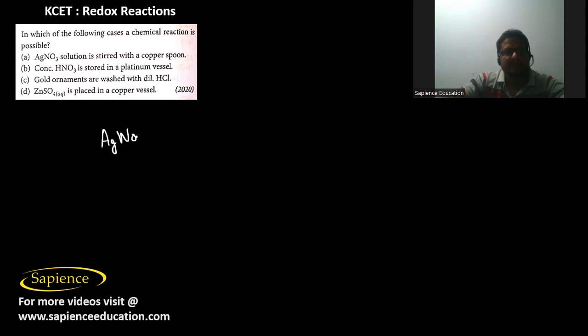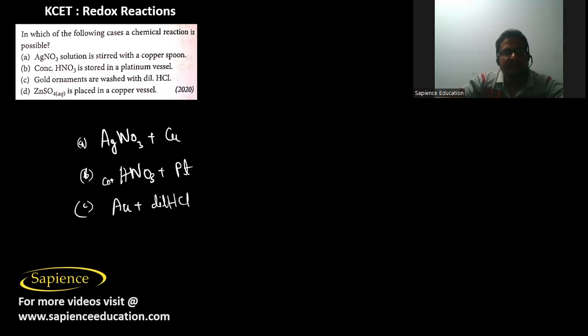AgNO3 solution is stirred with a copper spoon in the first case, option A, and in B it is told concentrated HNO3 is stored in a platinum vessel. Then gold ornaments are washed with dilute hydrochloric acid. Here concentrated HNO3 is used, and in D zinc sulfate is placed in a copper vessel.